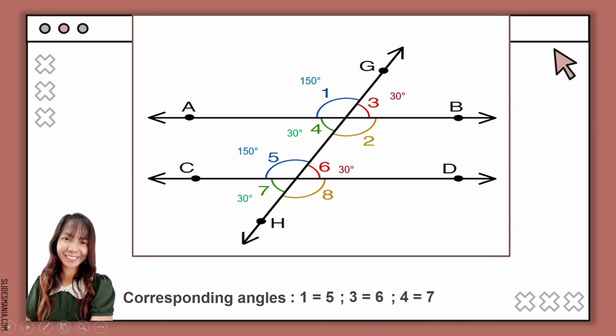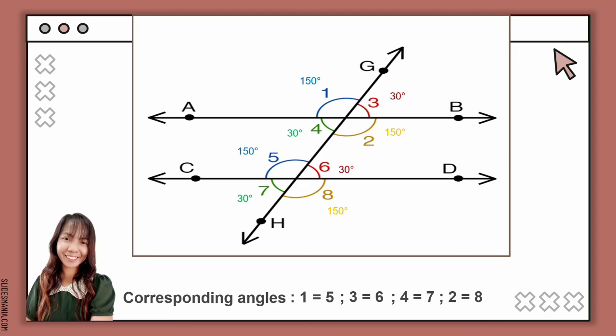Alright? Okay, go back to corresponding angles. Another one, it's angle 2 and angle 8. So they are equal in measure because they are corresponding angles. So for example, if angle 2 is 150 degrees, angle 8 is also 150 degrees.